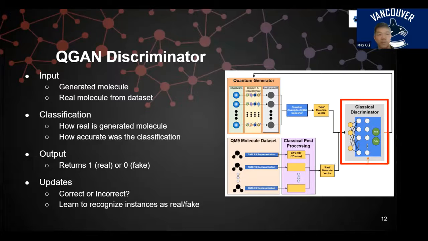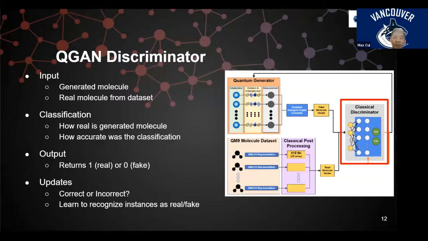Next, we also feed the discriminator a generated molecule from the generator, but we don't tell it that the generated molecule is fake, because the discriminator is supposed to classify this as real or fake based on the examples it was trained on. So here, the discriminator just returns 1 or 0, which represents real or fake respectively.